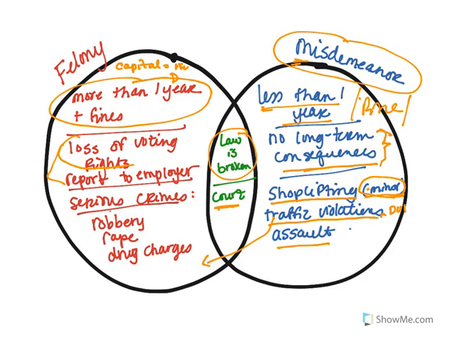You lose your right to vote as a U.S. citizen until you have served the time and punishment for your felony. If you ever apply for a job, it will ask you, have you ever been charged with a felony? And you have to report that to your employer. So there are more long-term consequences if you commit a felony.